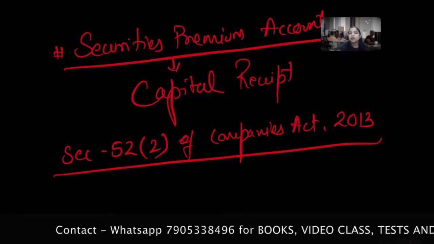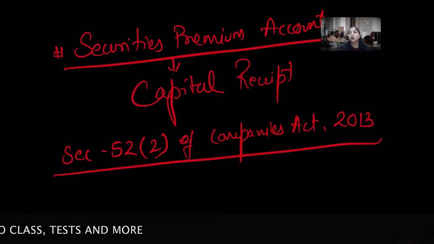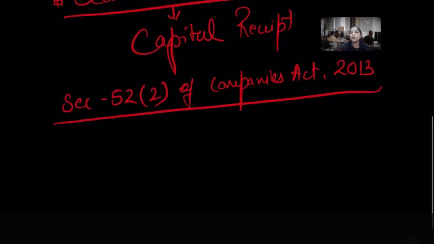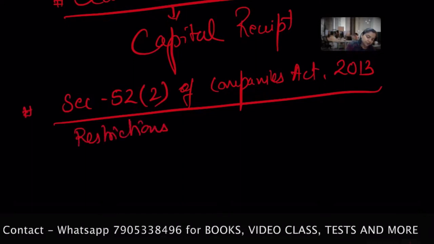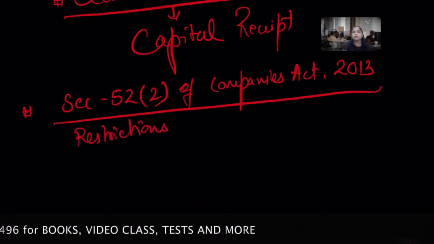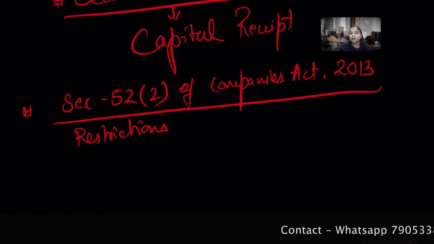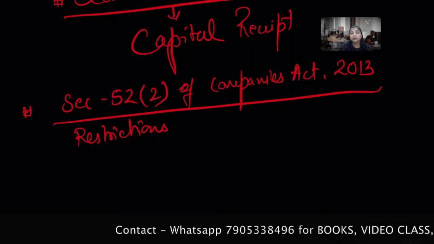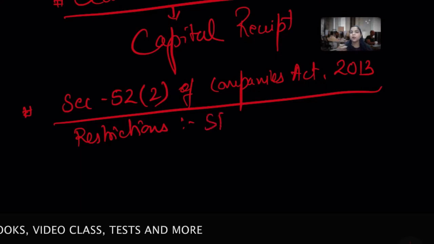The premium may be used towards the issue of unissued, fully paid bonus shares. I am just mentioning the restrictions. I'm writing this for your purpose; if it comes in the examination, you can use it.